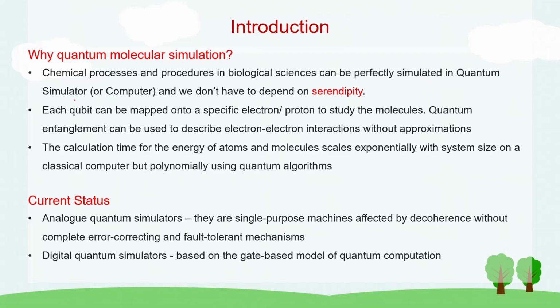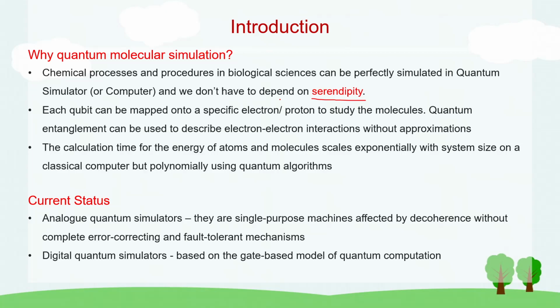Continuing further on this topic, chemical processes and procedures in biological sciences can be perfectly simulated in a quantum simulator or quantum computer. And we don't have to depend on serendipity. It's a new word I learned when I was going through some of the literature. What it means is that many inventions or discoveries happen just by accident.